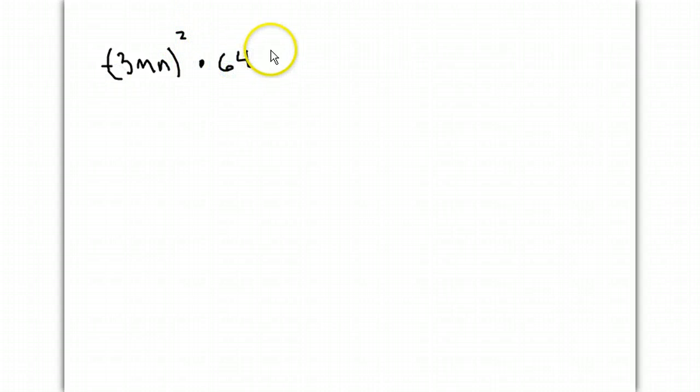So last problem, let's go out with a bang. Let's say we have negative 3mn, that's raised to the second power, times 64 parentheses m squared n to the third.